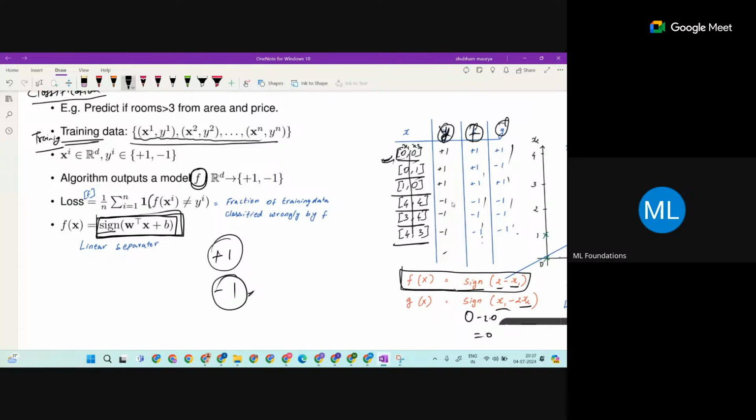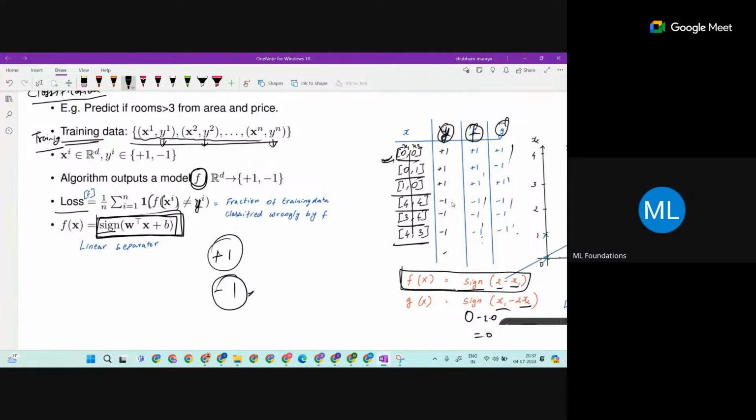How is this loss calculated? This is training data, so for each data point we already have some output, and we are actually training our model. We'll try to give some function and see how good it is.